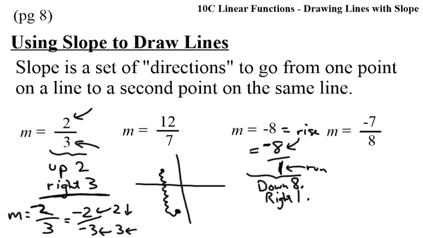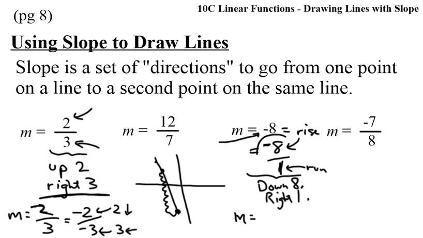And what do I notice? Well, if I connect those 2 points, it's a downward slope, which means it's a negative slope.